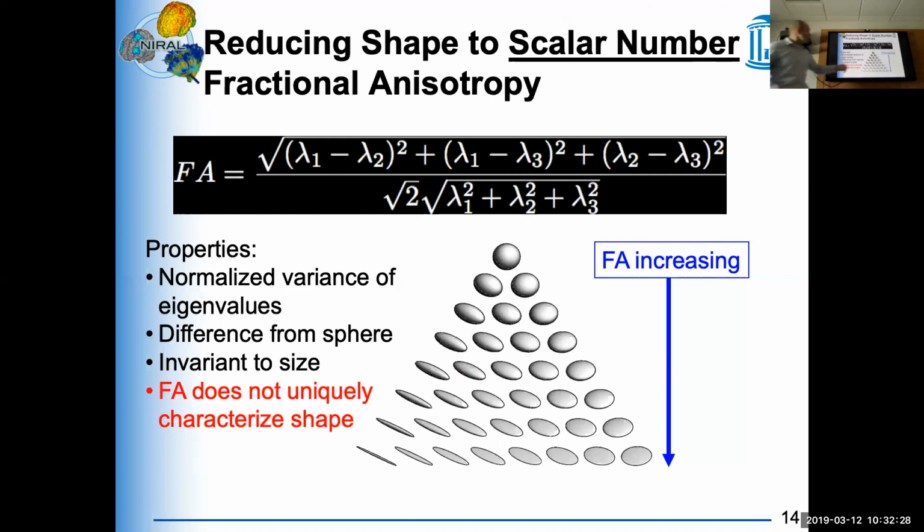But one thing you can definitely see is that it gets sharper the higher FA goes, and it is sharpest when lambda 1 is much larger than lambda 2, and lambda 2 is much larger than lambda 3. The nice thing is that it's scalar independent, so you can increase the size of your tensor and it will not change. It's invariant to size changes.